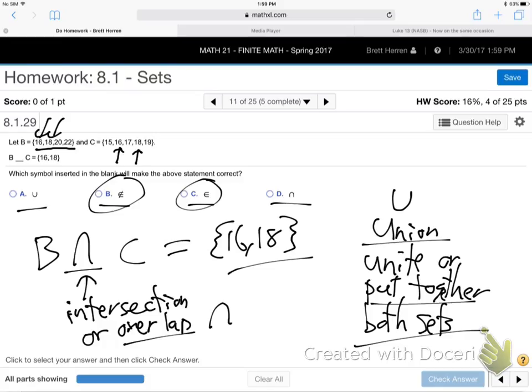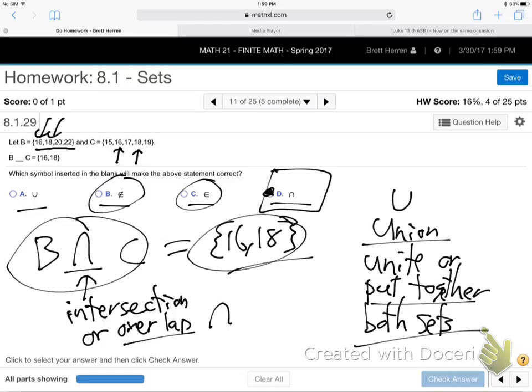So the answer to this, did I answer the question then? It was D, right? The answer was D on this one because it was B overlap C, which was 16, 18. Right up here they said the answer is 16, 18, so what did we do? Well, you must have taken the overlap if the answer right here was 16, 18. Good? So far so good?